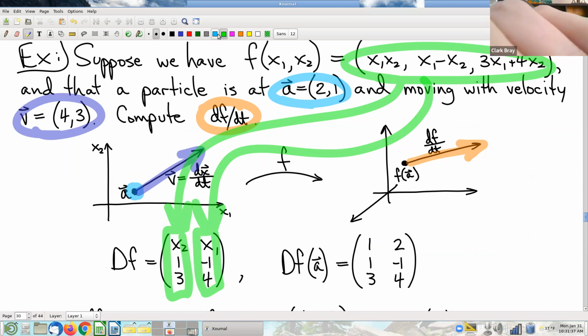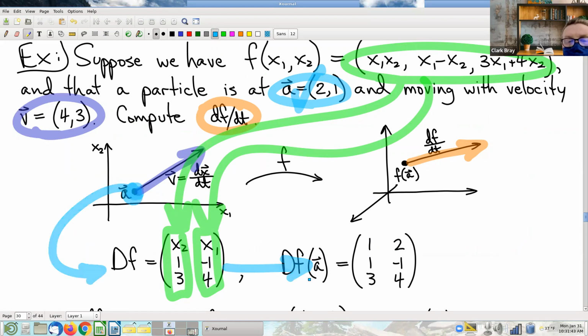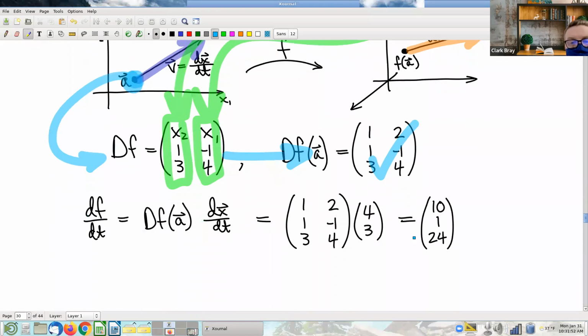Then, of course, plug in the point where you are, that point A, to get the derivative matrix relevant to where you actually are, and then multiply. Everybody good? Okay.